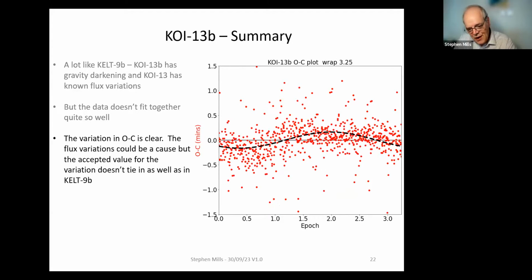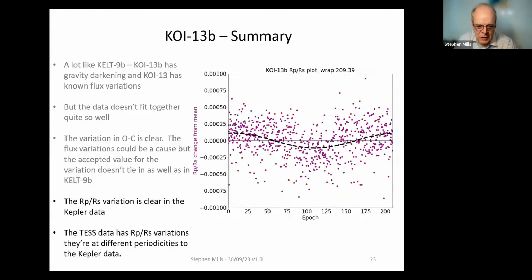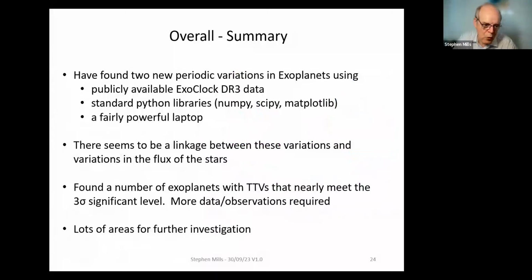The O minus C variations you can kind of see in that graph. It's got some RP over RS variations as well, but not at the same period. So COI 13b is not quite as good a result as Kelp 9b, but Kelp 9b is definitely a good result.